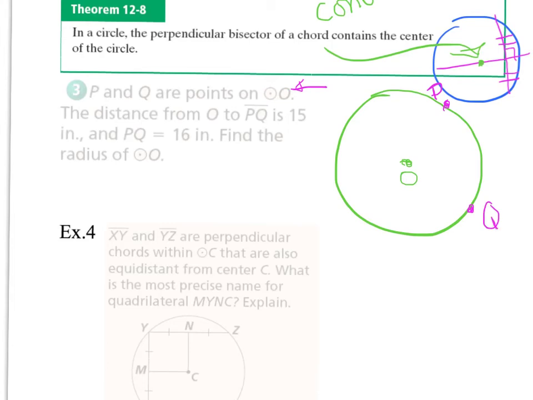If you connected PQ, the distance from the center to that chord is 15. So I know that this is 15. And PQ has a length of 16. So this is 16.